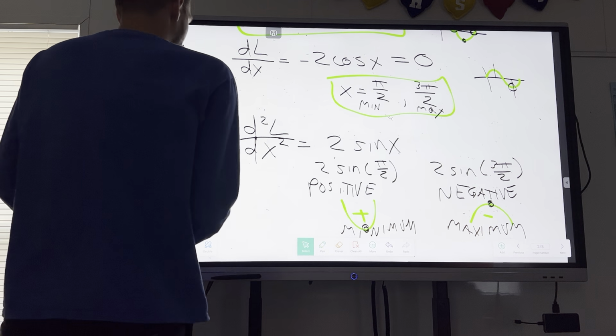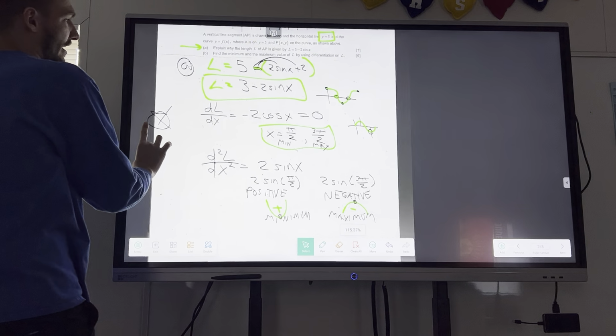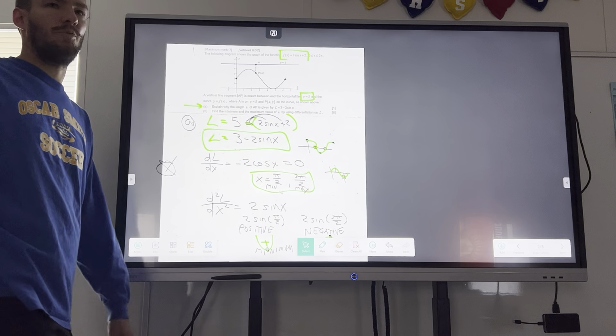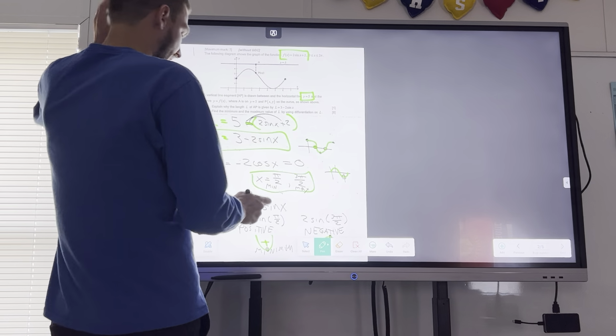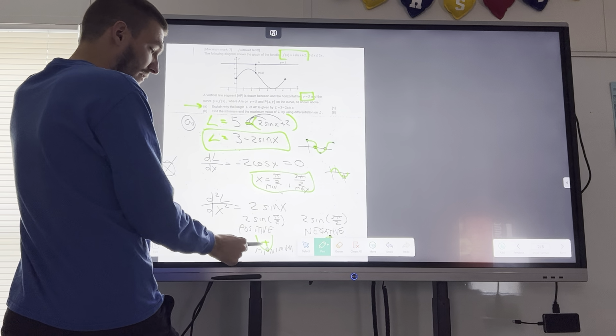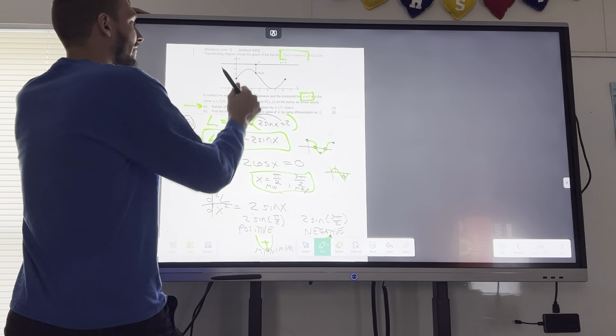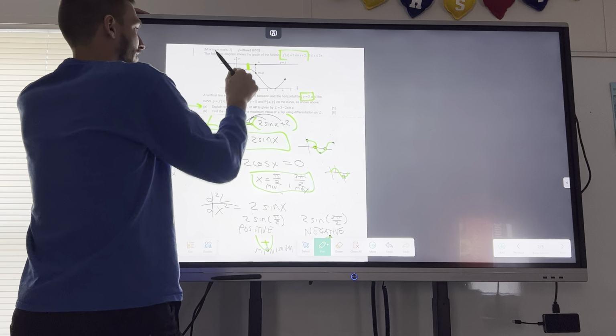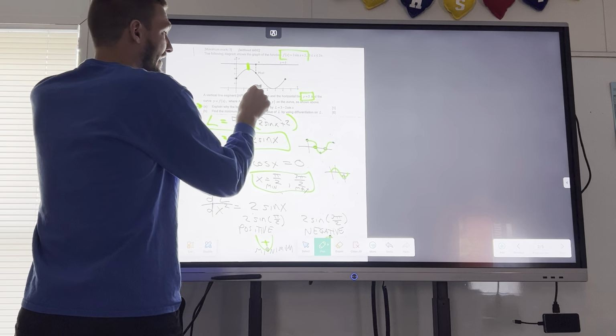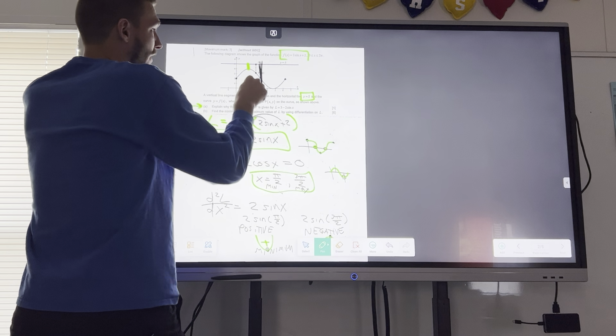Okay? Let's look at this whole thing for just a second. That is exactly what we already knew. We already knew that the minimum at pi halves, this is the minimum right here. And we know that pi is like 3.14.